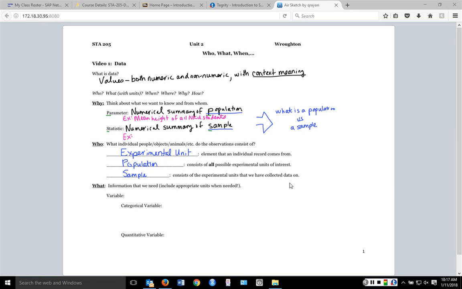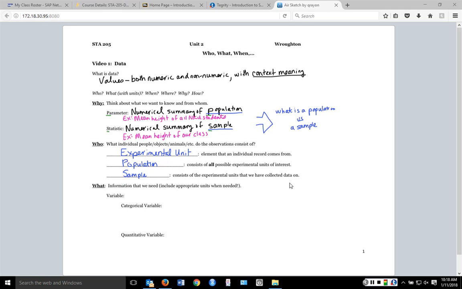Versus a numerical summary of the sample, or a statistic, I'm still going to be calculating the mean height, but it's just of those that I collect data on. So maybe I collect the heights of just those students that are in our class. So I want to know about all NKU students, which is my population, but I only maybe took a sample of those people that are in my class, which then of course would be NKU students.